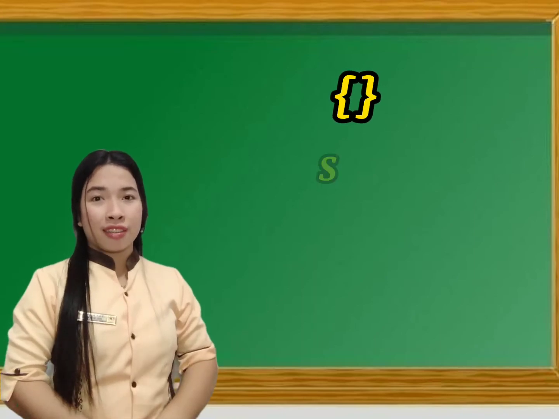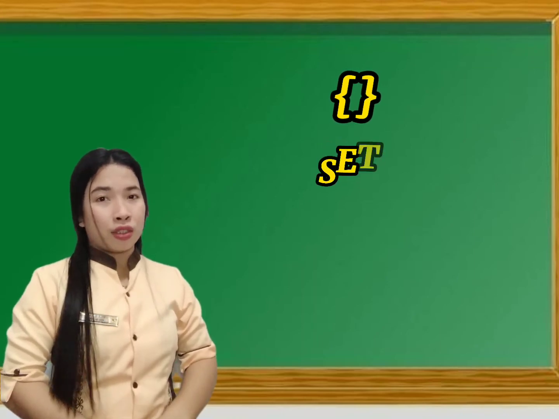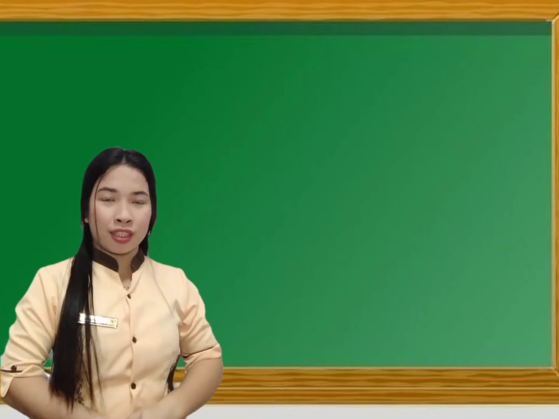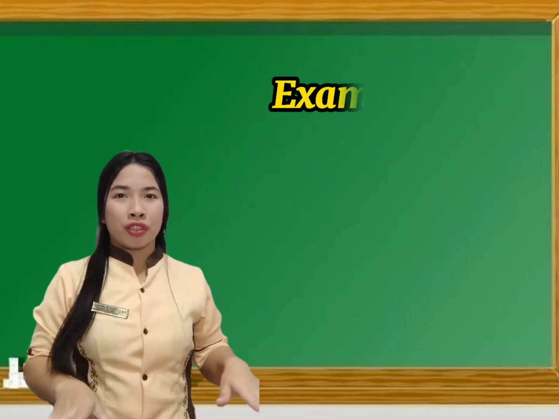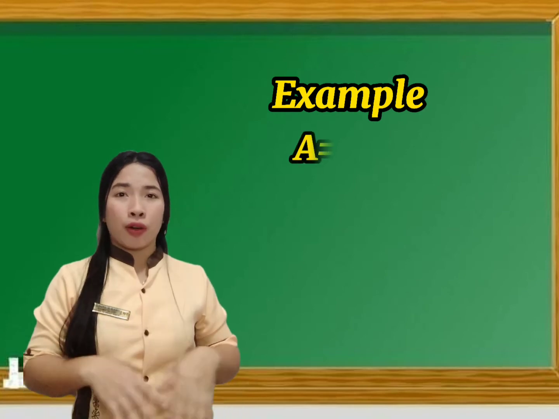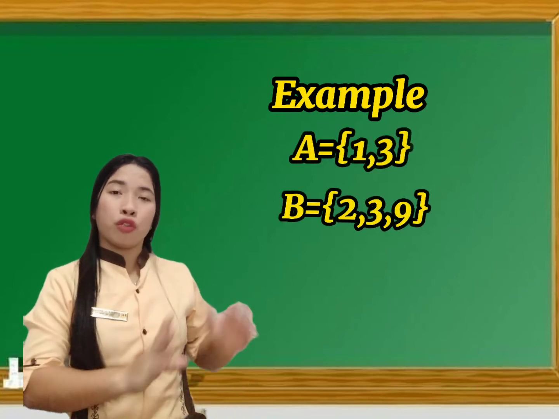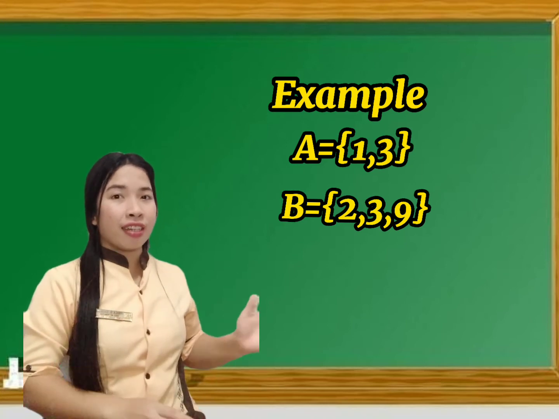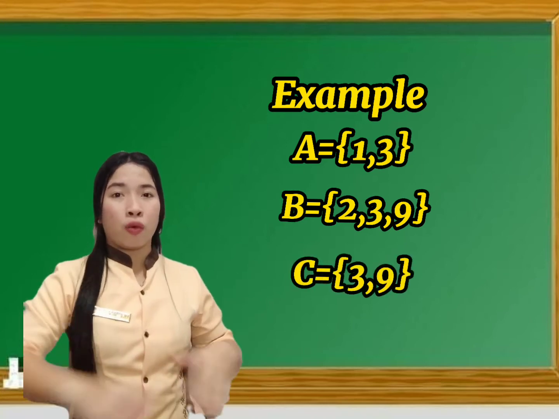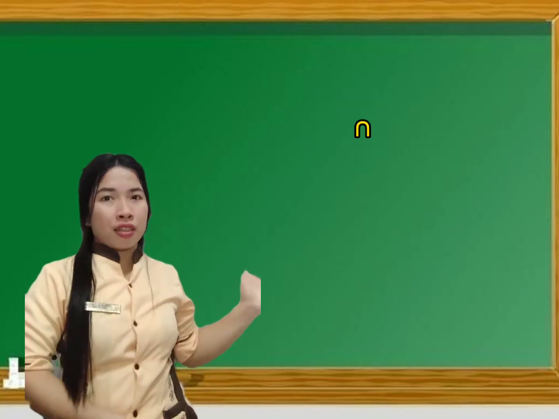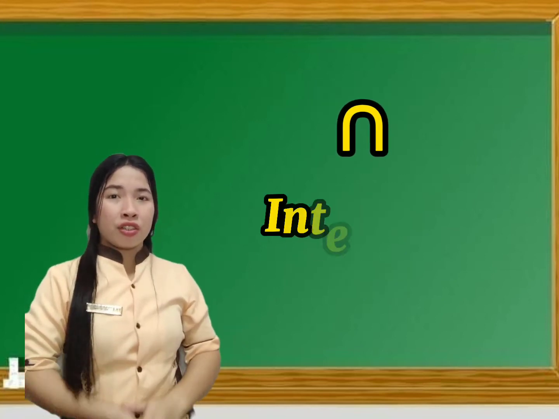We call that a set. So, a set is a collection of objects. For example, A is equal to 1 and 3. B is a set of 2, 3, and 9. And C is equal to the set of 3 and 9. Next symbol, we call that intersect.